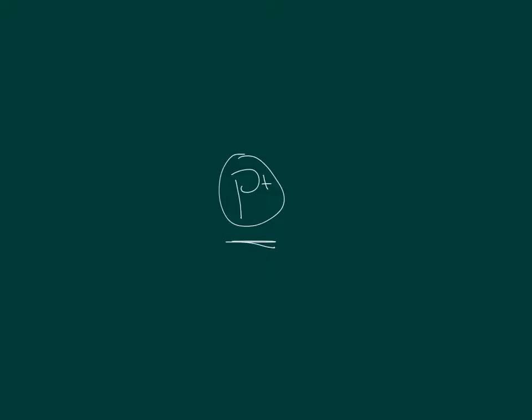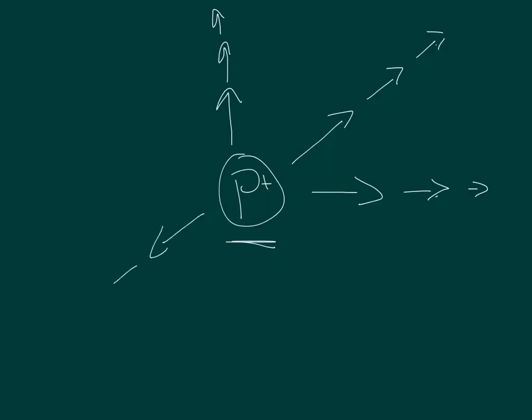For instance, with this positive source charge here, any other positive charges placed near it would experience an electric field that pushes it away. That gets weaker as 1 over r squared, as fields do. Like so, all directions. Strong up close, weaker as you get further out.